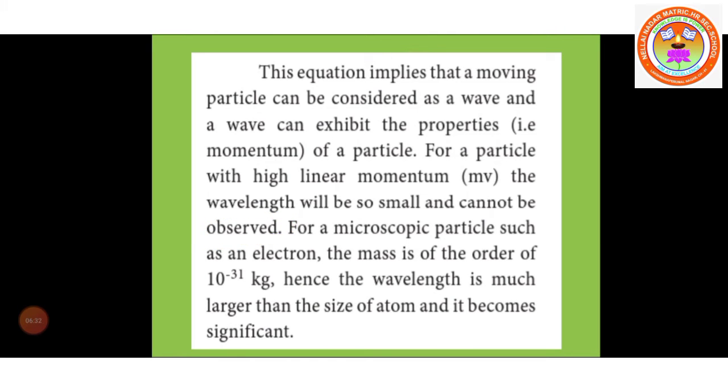For a microscopic particle such as an electron, the mass is of the order of 10 to the power of minus 31 kilogram. Hence, the wavelength is much larger than the size of the atom. It is very important, students.